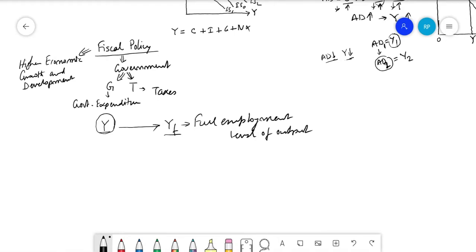Clear? So how can they come? Definitely, if you are producing at Y level of output and you want to increase production from Y to YF, then you need to increase aggregate demand. Being the government, you can do it in different ways. You can give incentives to the investors so they come forward and invest in the country, and due to that your aggregate demand will go up and production will go up.